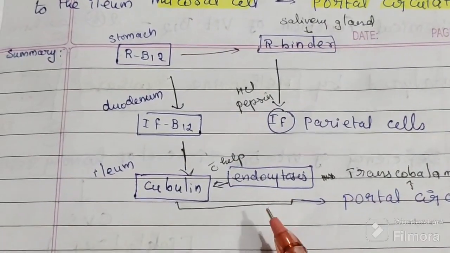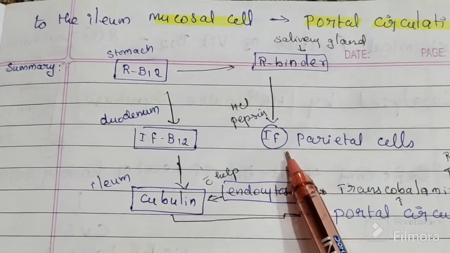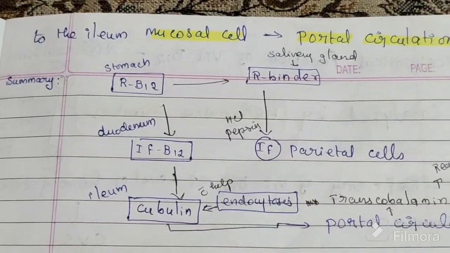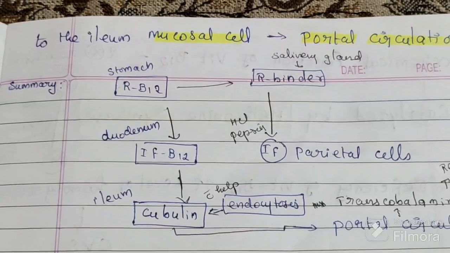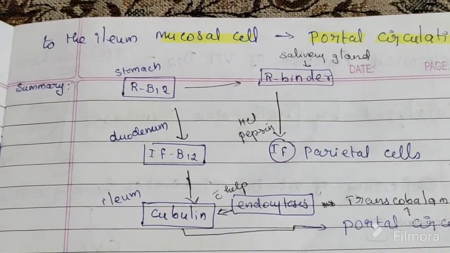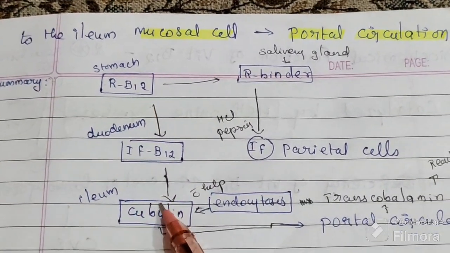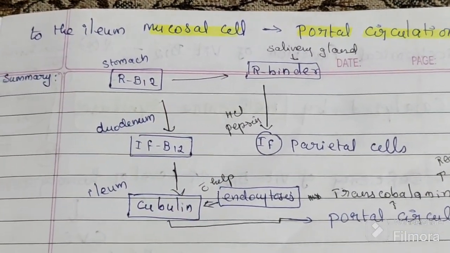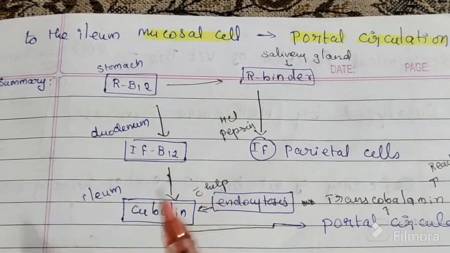R-binder is secreted by the salivary gland, and intrinsic factor by the gastric parietal cell. Whenever we eat vitamin B12 food, it binds R-binder in the stomach and is transported to the duodenum, where it gets intrinsic factor.